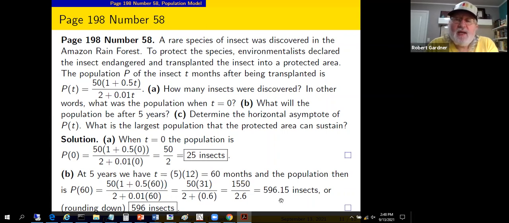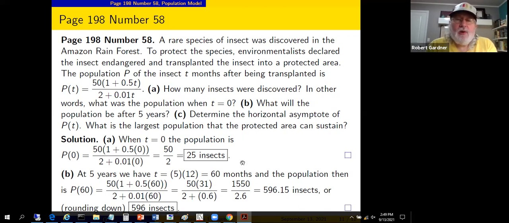Do the arithmetic, and that comes out to about 596.15 insects. As there is no 0.15 insects, we'd round it down to an even 596 insects. So that would be the population 5 years later, well, 60 months later, better yet.